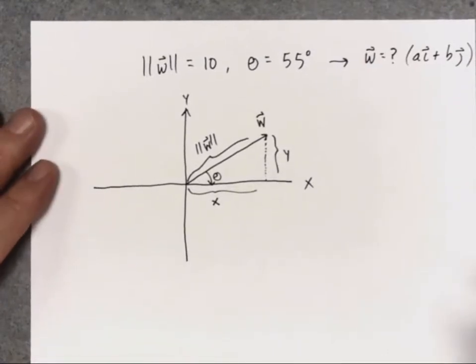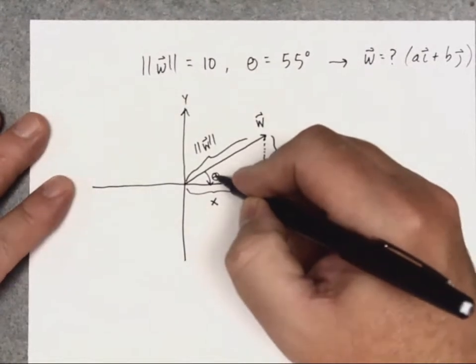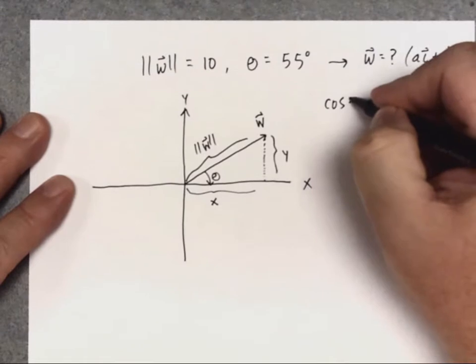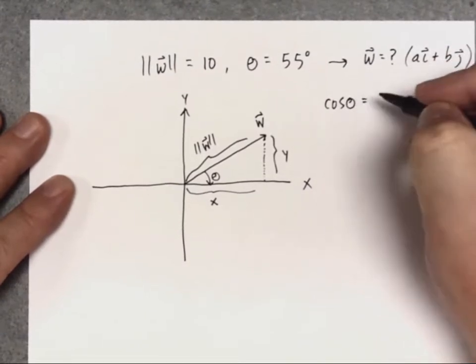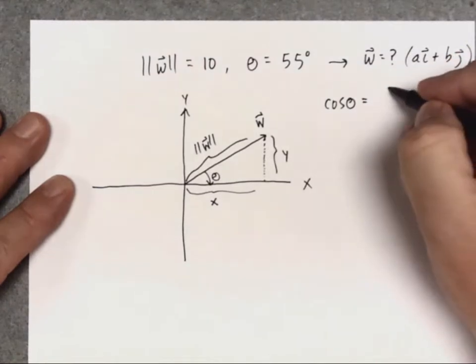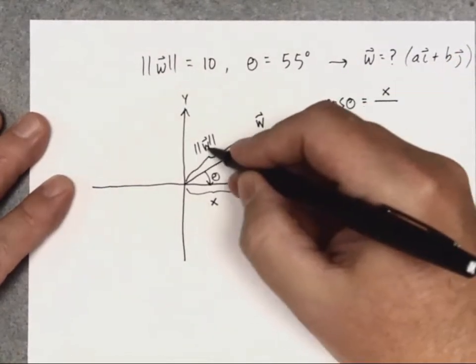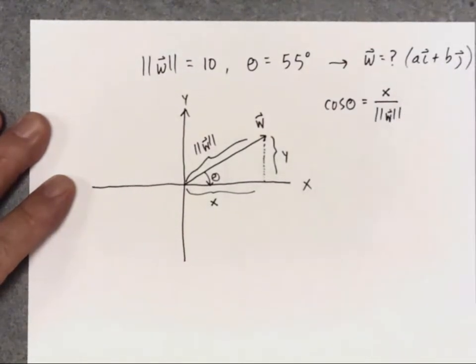Now if we think about some of our trig functions, for instance, the cosine of that angle theta, for a right triangle we learn cosine is adjacent over hypotenuse, and the hypotenuse is this magnitude.